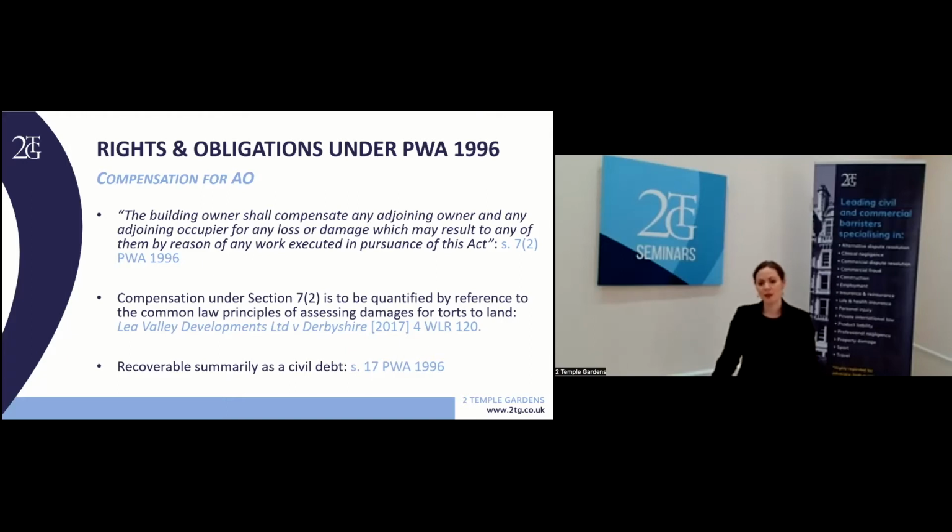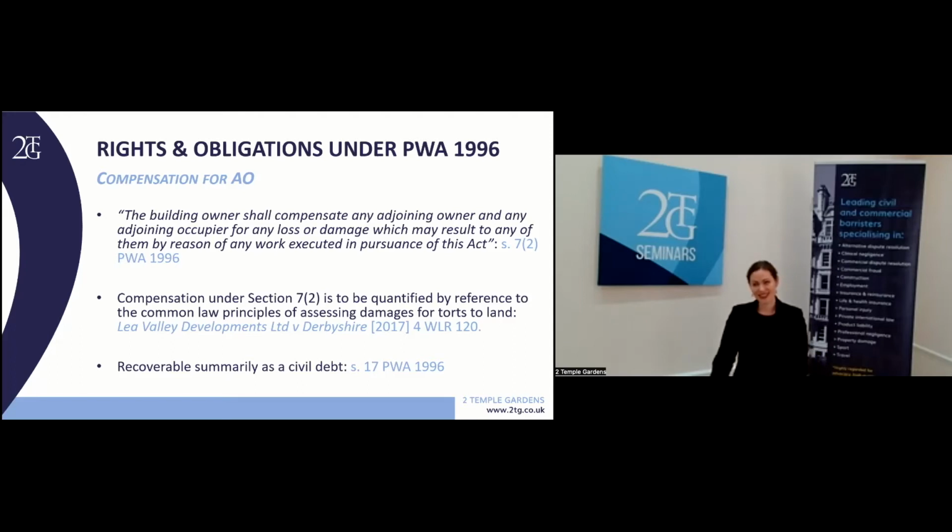That reads, "The building owner shall compensate any adjoining owner and any adjoining occupier for any loss and damage which may result to them by reason of any work executed in pursuance of this Act."